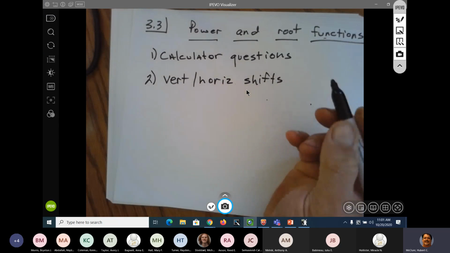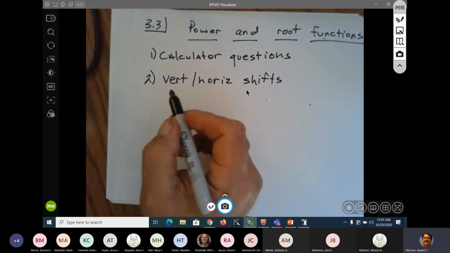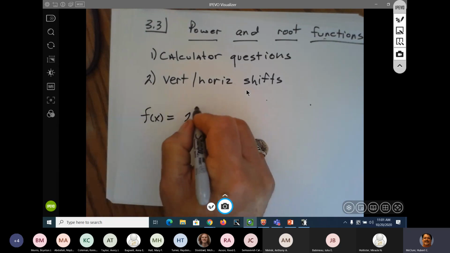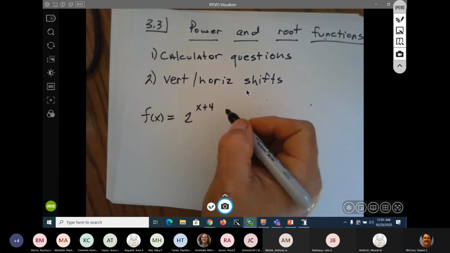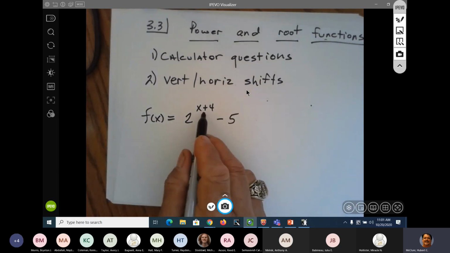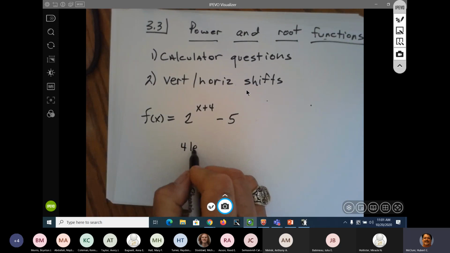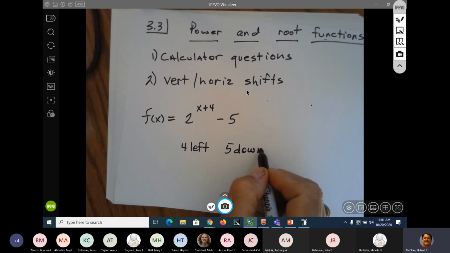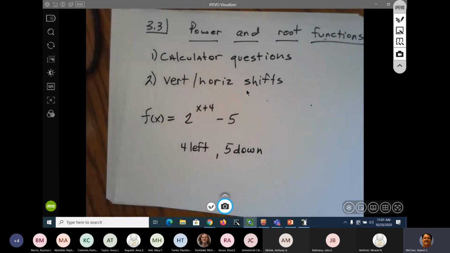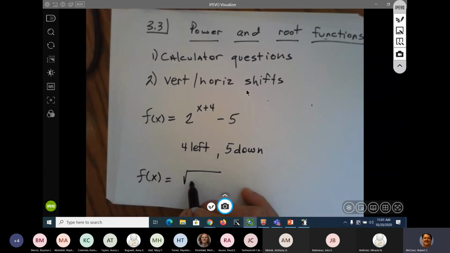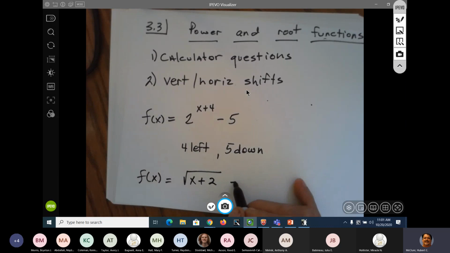So if I give you f of x is equal to 2 to the x plus 4, and then minus 5, well, you know that you've got a horizontal shift of 4 to the left and 5 down. So some of that stuff hasn't changed. Square root, same thing. F of x is equal to the square root of x plus 2 minus 6.